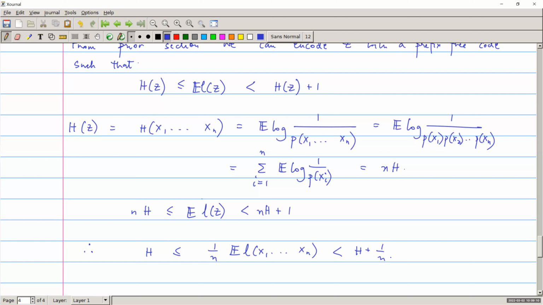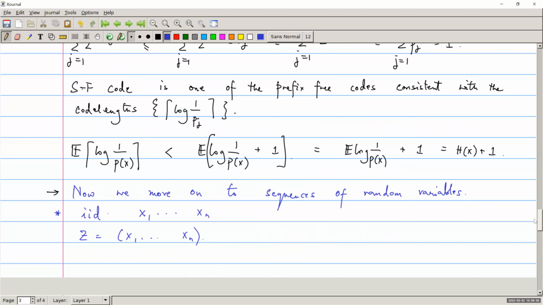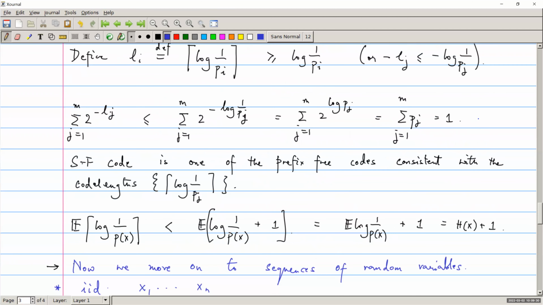Okay, so we'll wrap up with a little bit of a curiosity. The Shannon-Fano code, for example, is not necessarily optimal. In fact, we showed that it satisfies Kraft's inequality, but it could satisfy Kraft's inequality even with a strict less than.